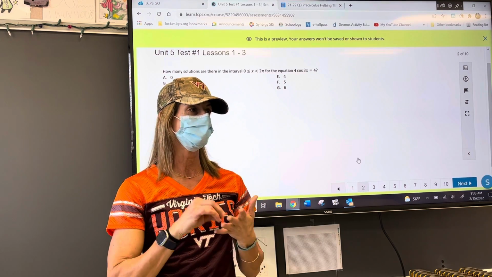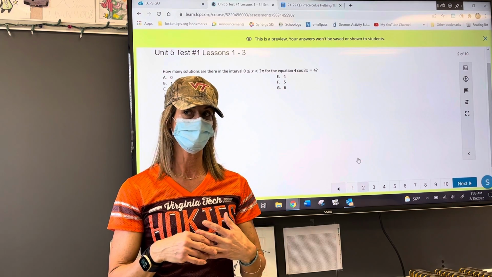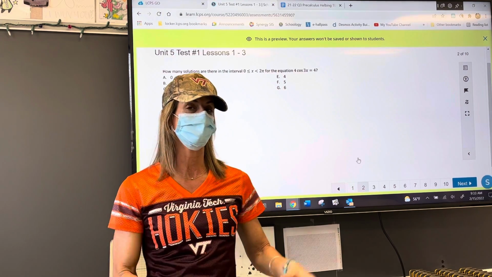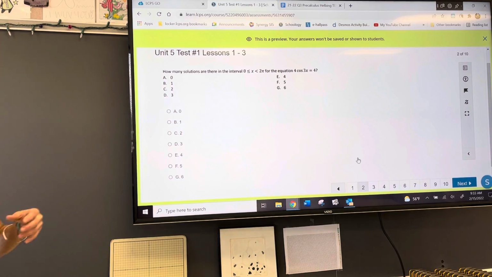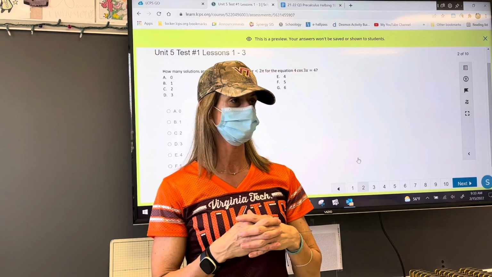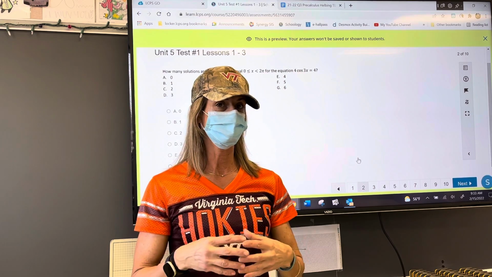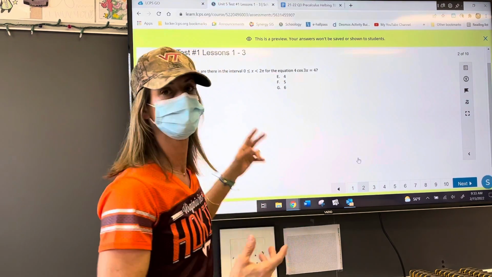U substitution. Let u equal 3x. Solve the equation like you normally would, and then substitute the 3x back in at the end. Good? And then it's asking for the number of solutions. I would solve it just like we did in class. List out the solutions and then count how many solutions there are, and the number of solutions is your answer.